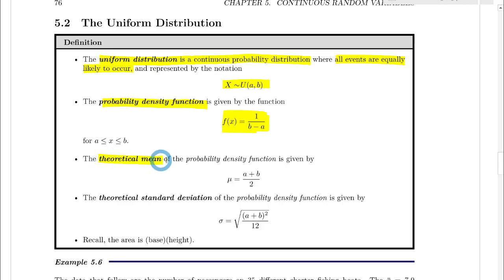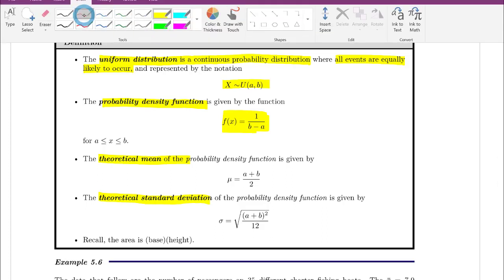And because this is a uniform distribution and all events are equally likely to occur, just like we calculated expected value and standard deviation prior, we can actually do expected value, which is the mean, and standard deviation. And this is theoretical because, again, remember that expected value was in the long run, right?